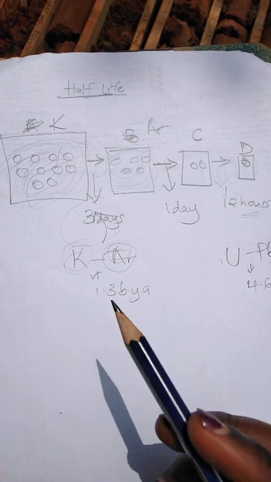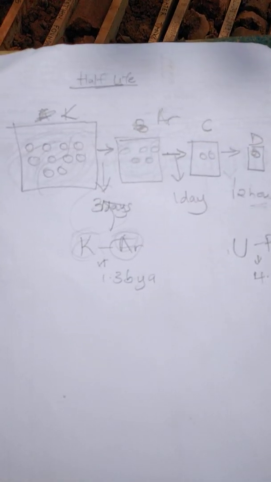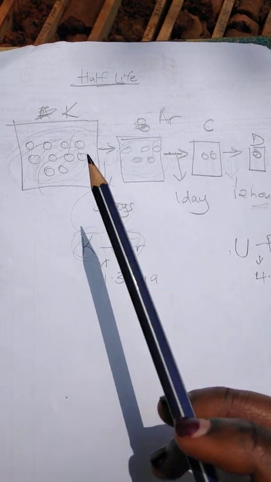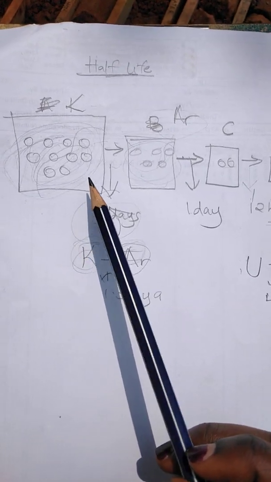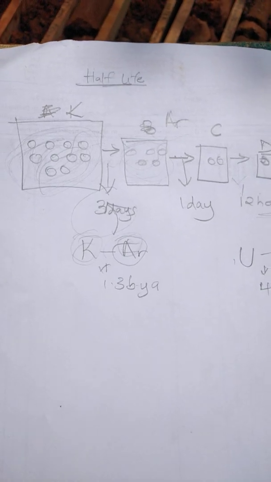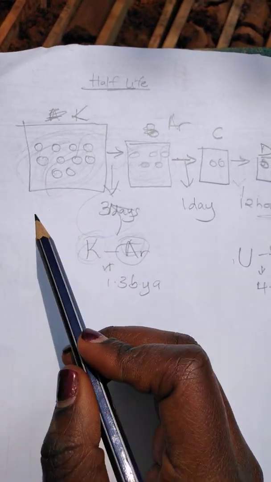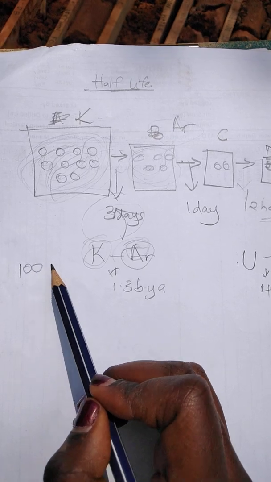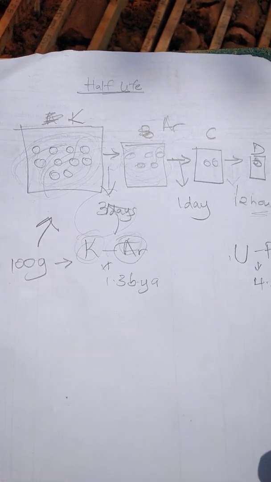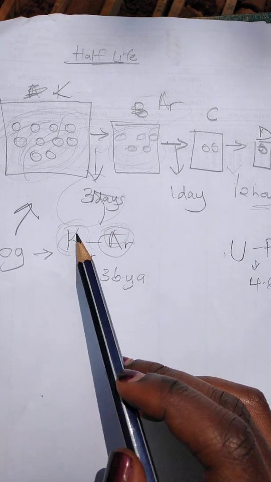So the only thing you have to watch out for when it comes to radiometric dating is you have to make sure the initial sample is not contaminated in any way. That's one. And then you have to know the initial amount of the radioactive element. For example, 100 grams of this will produce a certain amount of grams of this.